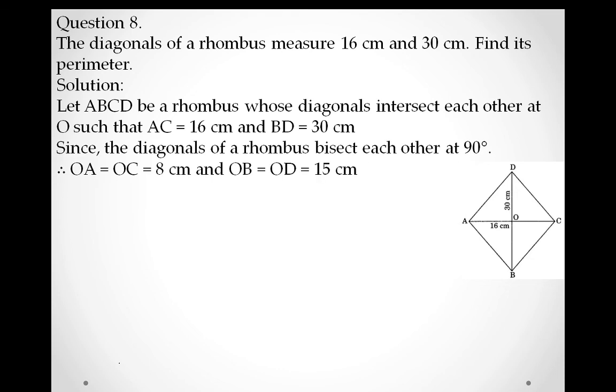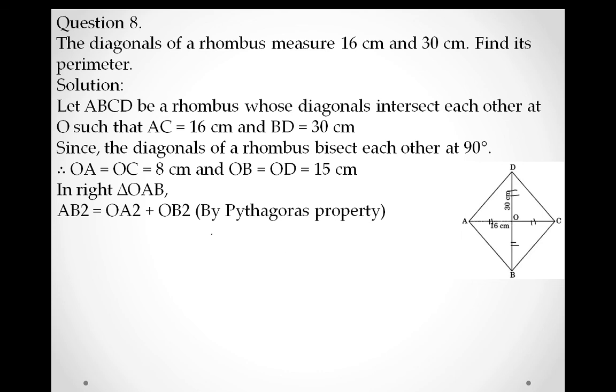Since the diagonals of a rhombus bisect each other at 90 degrees, OA and OC make half parts. So if AC is 16 centimeter, then OA is 8 centimeter and OC is also 8 centimeter. It is half of 16. And BD is 30 centimeter, so half of 30 is 15. So BO is 15 centimeter and DO is 15 centimeter.